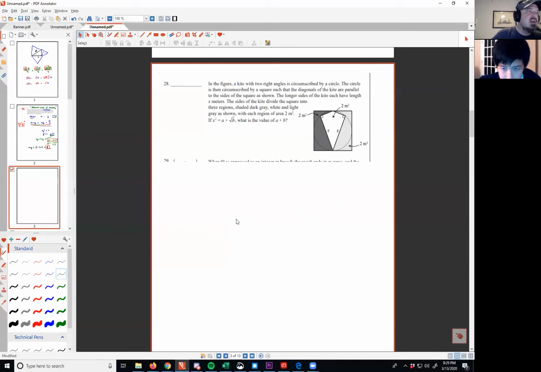The sides of the kite divide the square into 3 regions, shaded dark gray, white, and light gray, with each region of area 2 meters squared. Oh, so the areas of the regions are exactly the same. And then we essentially want to know the square of the big side length of the kite. Interesting.